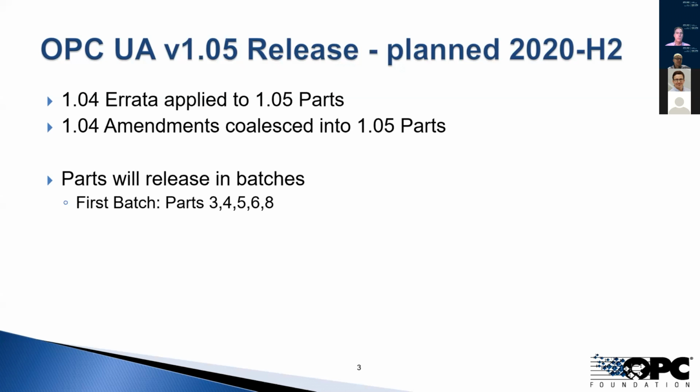We are running out of time, but fortunately the parts will be released in batches, and as usual, the first batch is the real core, the meat of OPC UA basis, which is parts 3, 4, 5, 6, and 8, as it turns out. And so those are the ones that we're focusing on mostly right now in terms of getting them complete in order to do the actual release.